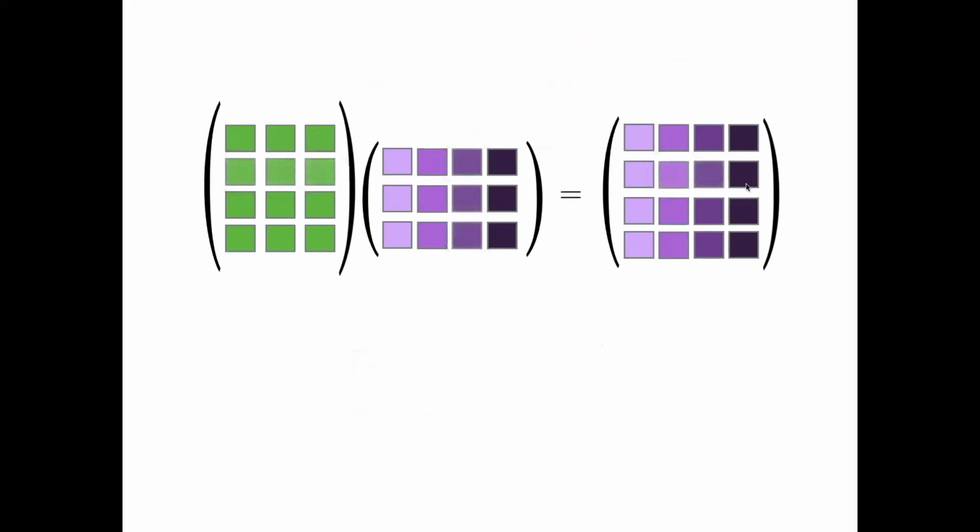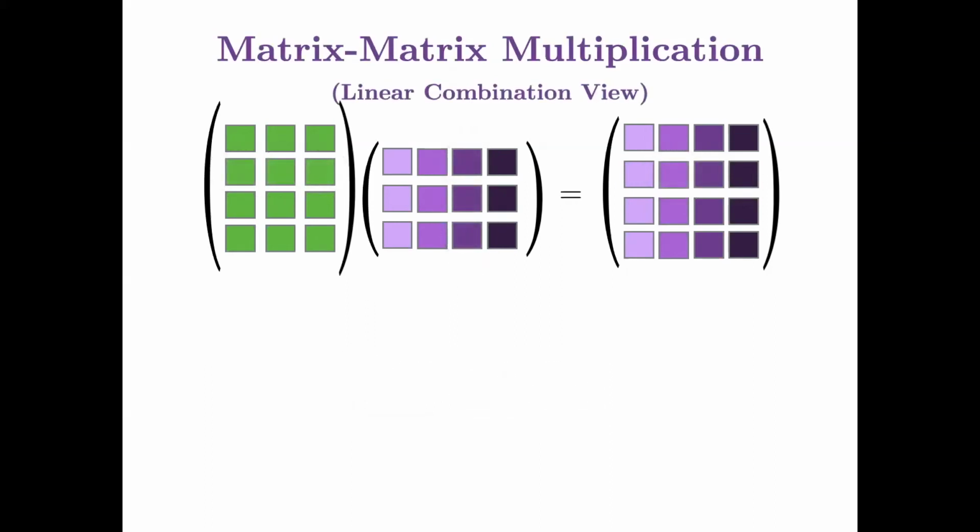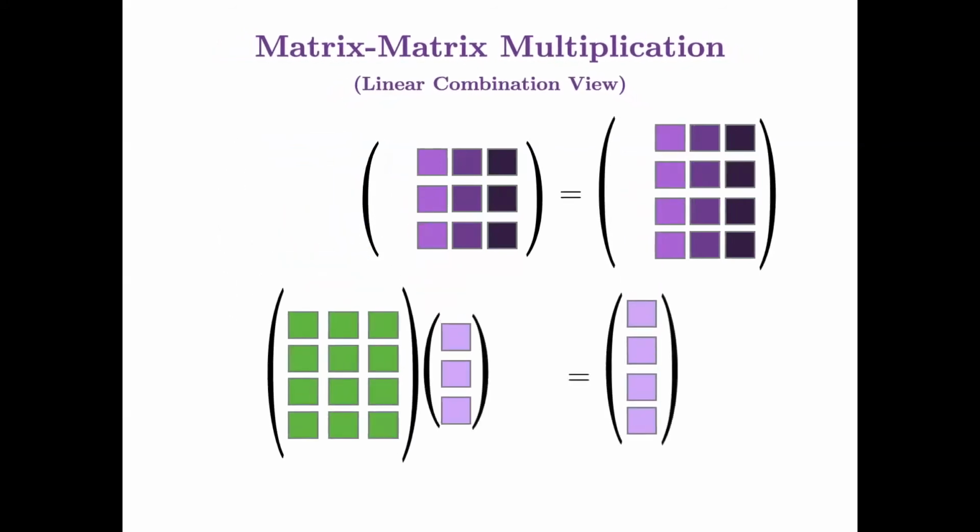But what will help us more in our applications is to learn to view matrix multiplication as a series of linear combinations. The first fact is that in order to get the first column of the result, I multiply the matrix on the left, A, the green matrix, by the first column of B, the purple matrix.